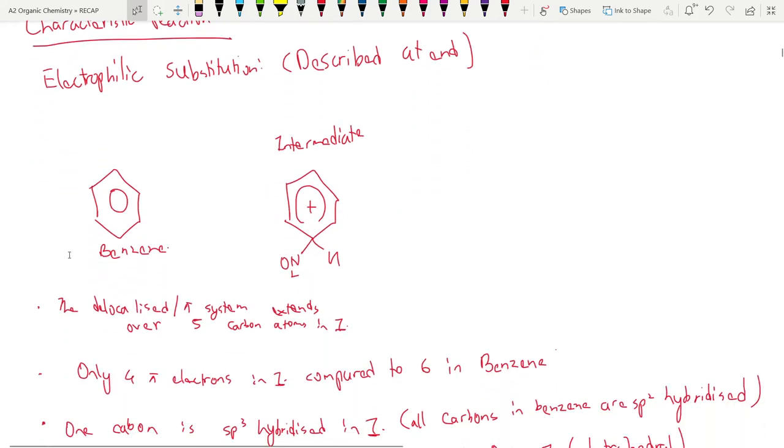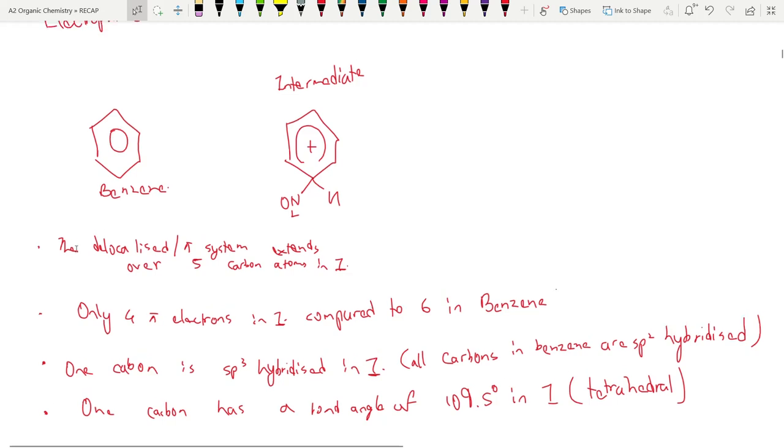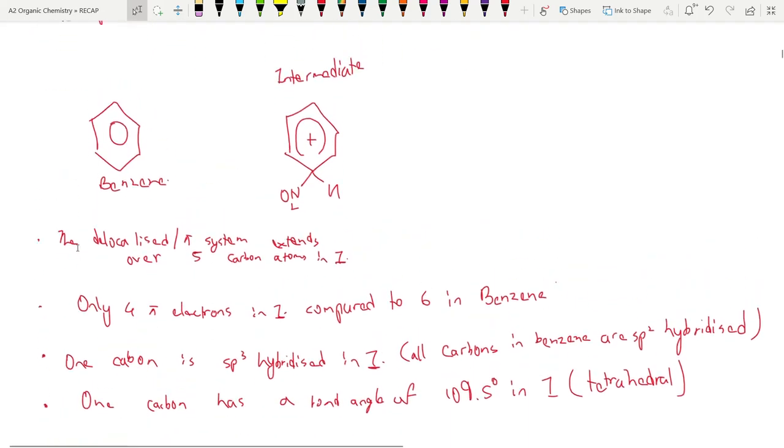One question before we start this: we need to know the differences between benzene and the intermediate formed during electrophilic substitution. This is also a common question. You'll find this in the specimen paper for 2022. The intermediate actually has the pi system extending over 5 carbons, but in benzene it extends over 6.